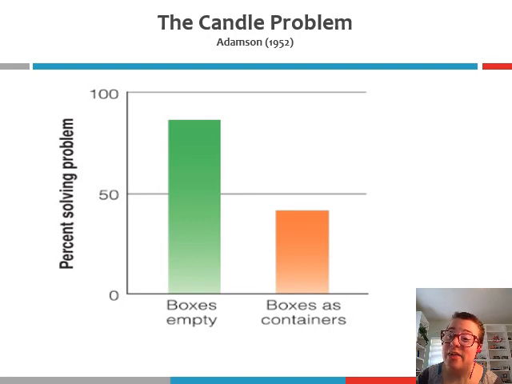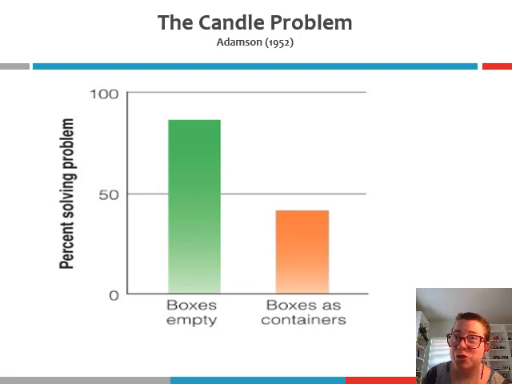But then another group of participants were asked to solve this same problem, but in that case, they were given the same materials. So they were given the matches and the candles and the tacks, but they were outside of the boxes. So they received candles, matches, and tacks, and then 3 empty boxes.